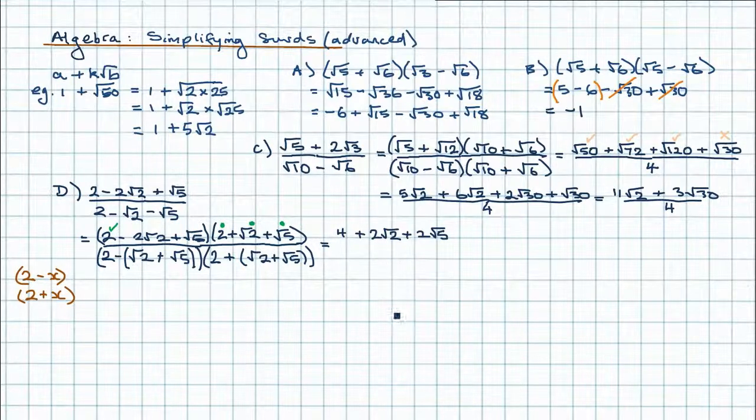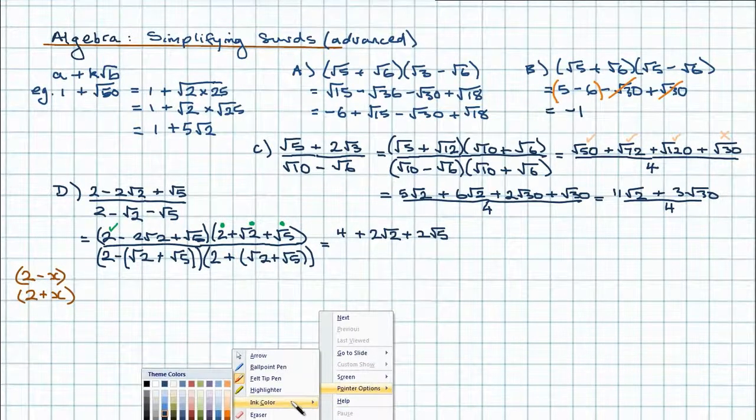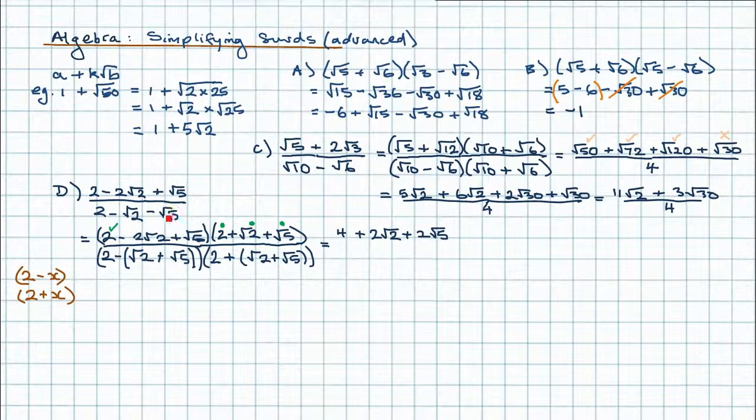So now what we've got to do, if I choose a different colour, just so you can see what's going on, is work with this second term, which is in fact negative 2 root 2. So that's important. Negative 2 root 2. And again, multiplying through all of this second bracket. So three terms there.